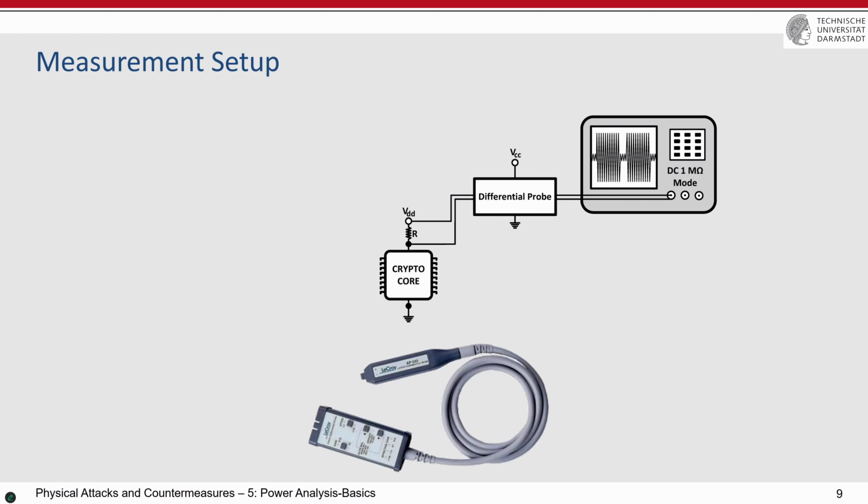There is a power supply, VCC, for the differential probe. And because it is an active component, it adds noise to your measurement by itself. It means that you can use it, but it's not recommended. And of course, it measures the difference voltage between the two sides of the resistor, and then you see something like this, the voltages.